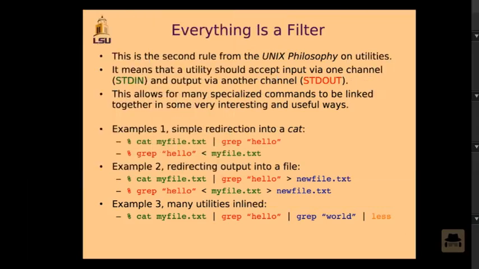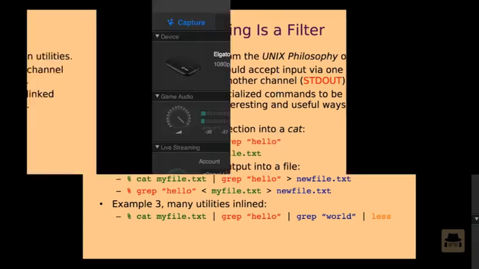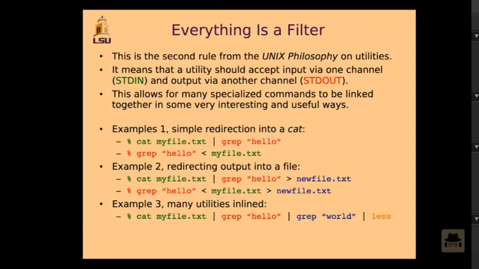I mean, people can put together huge gargantuan programs just by linking together utilities. So there's cat myfile. It goes into grep. It gets all lines that say hello, and then also gets the lines that have world. This doesn't necessarily guarantee you get hello world next to each other, but that hello and world are somewhere in each line.